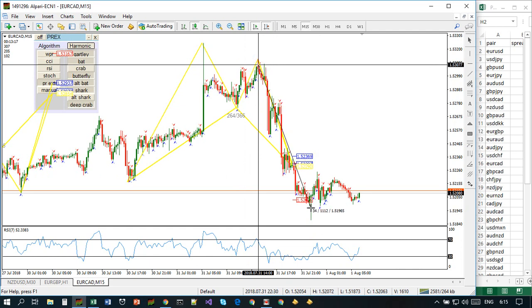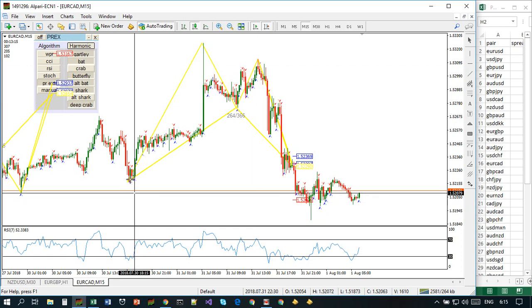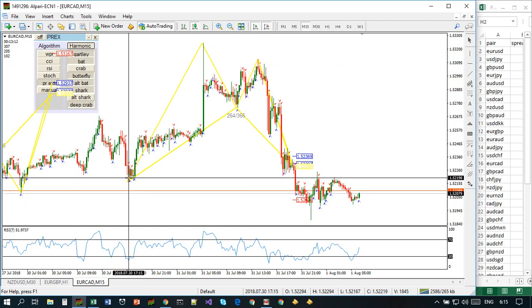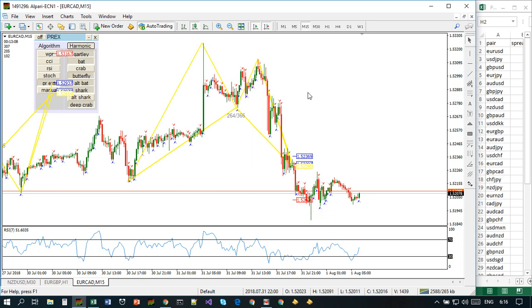The 34 candles in the C to D leg total should not be less than 52. Obviously it is more. Two of my criteria coincide, and criteria number 3 is almost there, but it also coincides.